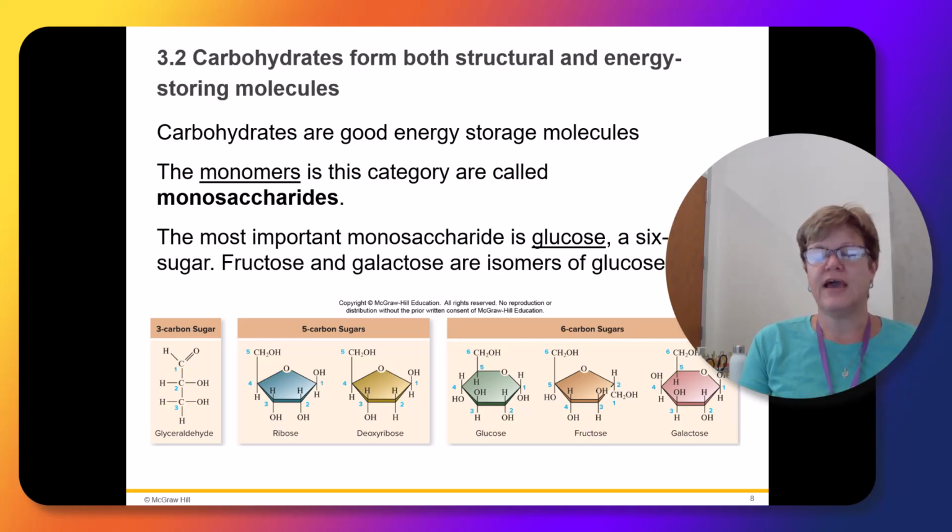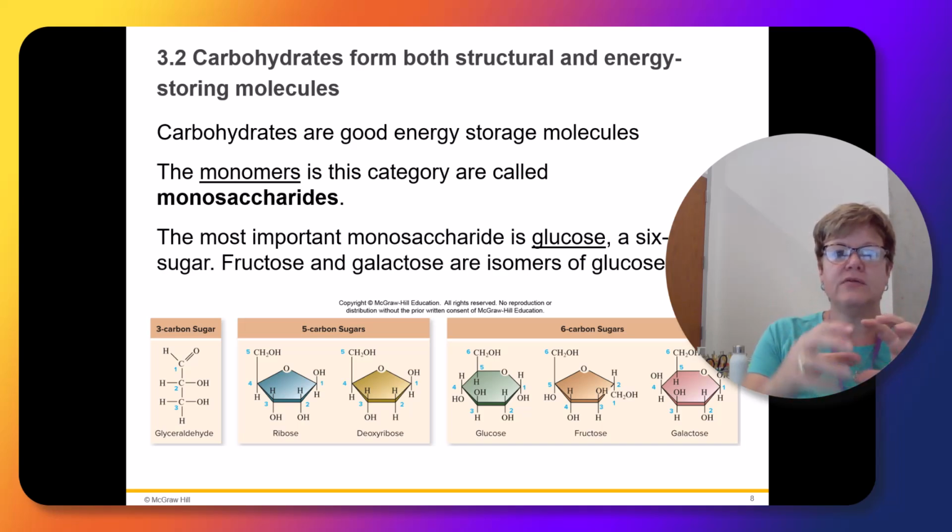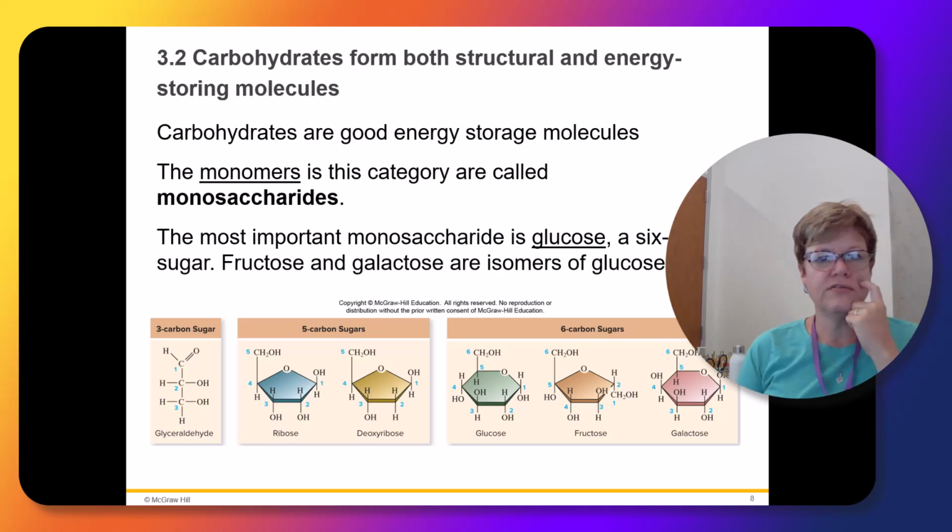You're not going to be expected to know everything, but we're going to focus on one example monomer. And once we get used to that, we can then see what it looks like when many of those are joined together to form the polymer. So carbohydrates are good for energy storage, and they're also good for structure.